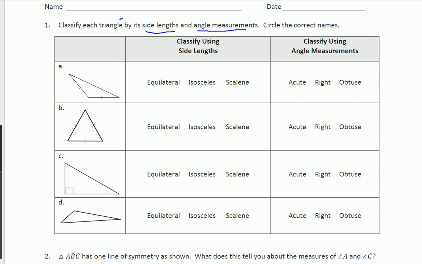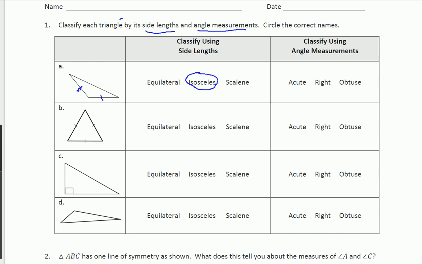So if we look at the first one, the tick marks here and here indicate that those two sides are equivalent. And when two sides are equivalent, that is an isosceles triangle. So we'll circle isosceles. And then the other one is, when you look at the angle, you can only have one angle be obtuse in a triangle.